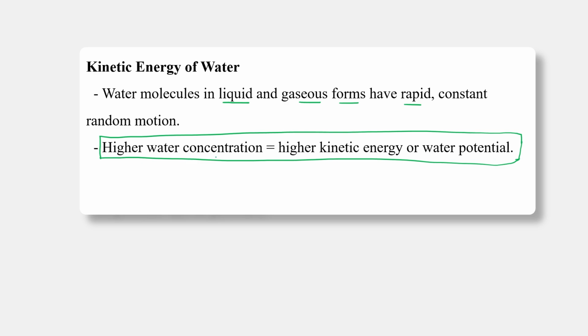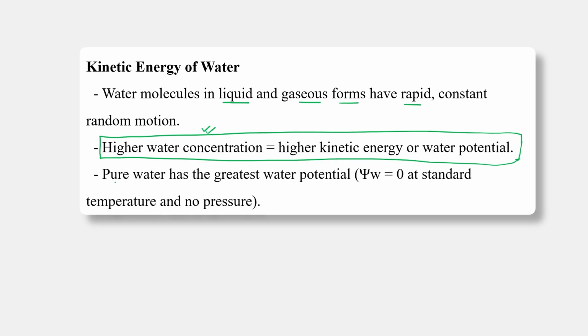Concentration of water is high when there is no solute dissolved in it. That type of pure water has high kinetic energy, and we can say pure water has high water potential. That's why pure water has the greatest water potential, that is psi w is 0 at standard temperature and if no pressure is applied.